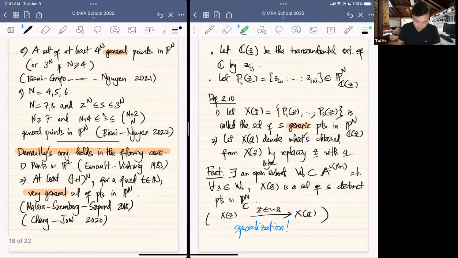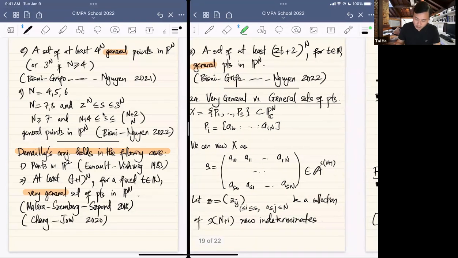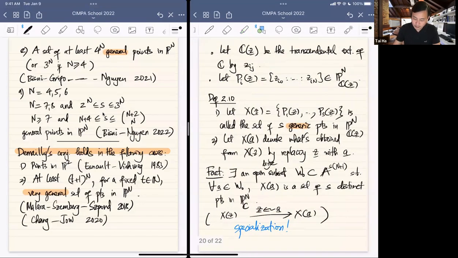So for example, here, let me see, where is it? Here. I'm thinking of this space sitting on top of my Pn. The specialization says, I take this generic set of points, which is just one set of points, and then I substitute specific values into the variables.